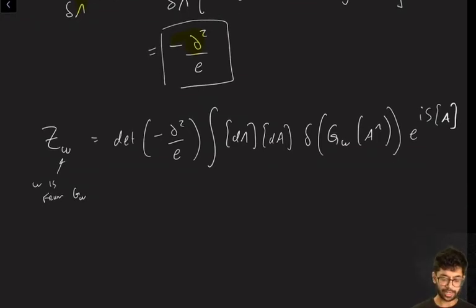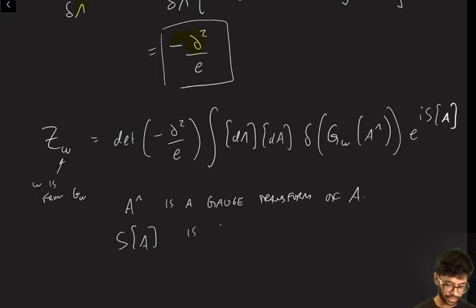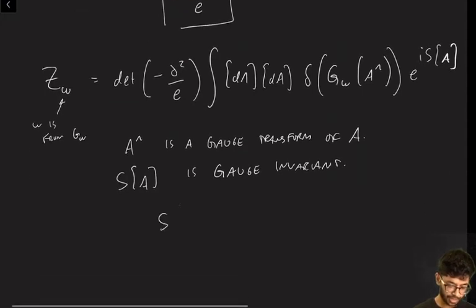Okay, now what next? Remember that A lambda is a gauge transform of A. And the action S of A is gauge invariant. So in other words, I can write that S of A equals S of A lambda.